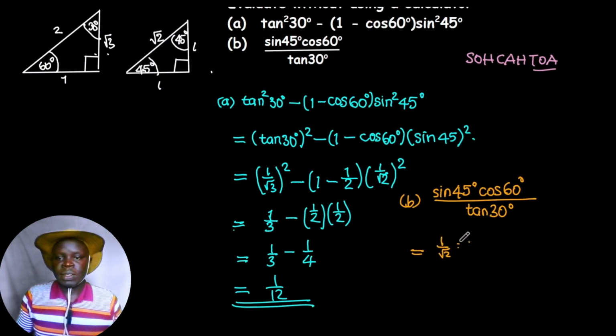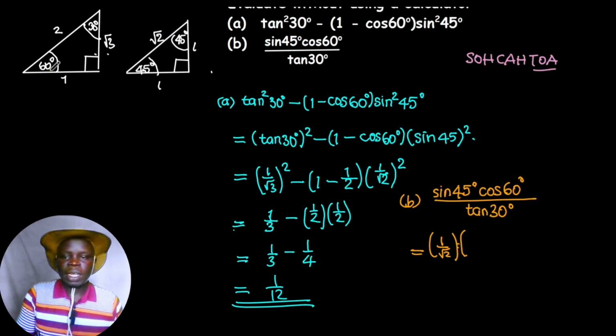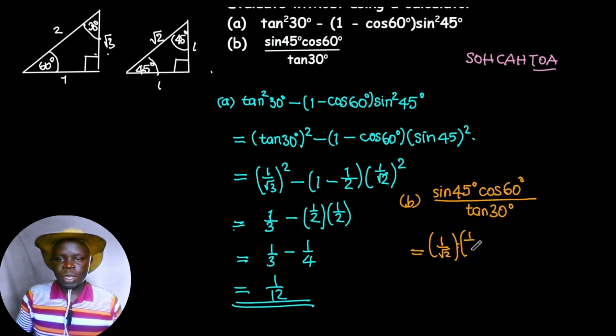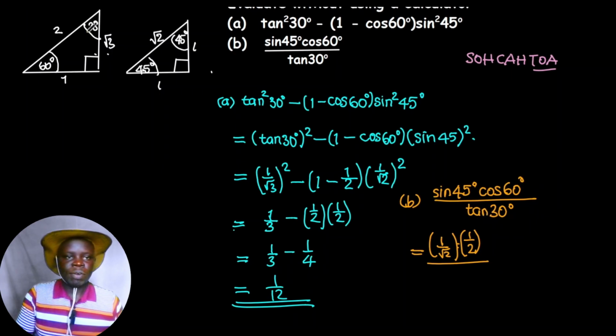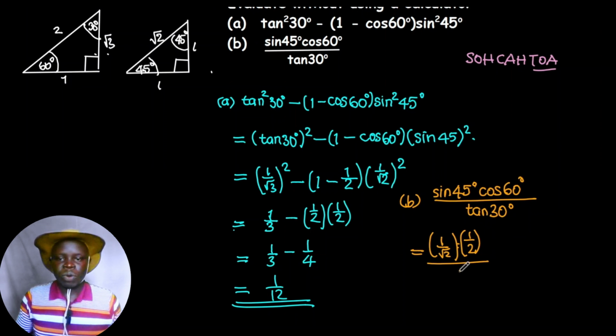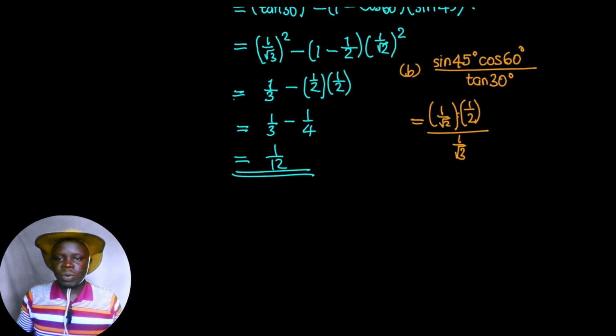And you multiply this, the bracket means multiplication, with cos of 60. 60 is from this diagram, and adjacent over hypotenuse is 1 over 2. So we have 1 over 2 root 2 for the numerator. Then for tan 30, tan is opposite over adjacent, so this is 1 over root 3.